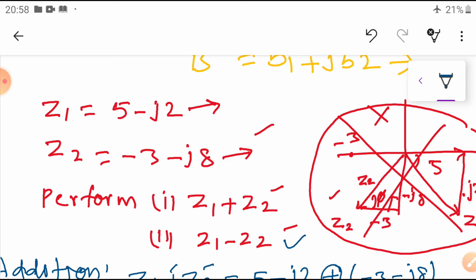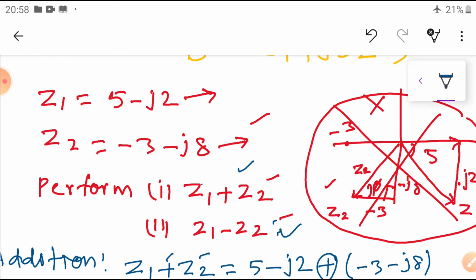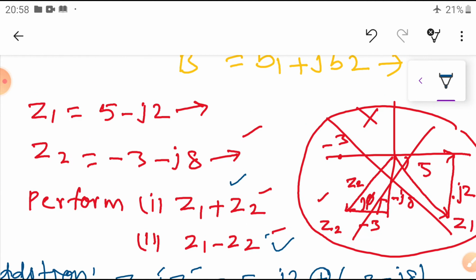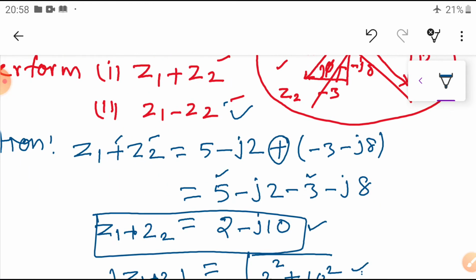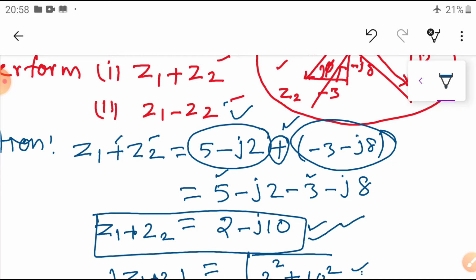Find z1 plus z2 and z1 minus z2. Whatever is given in rectangular form, addition is better. So I substituted z1 and z2 and added. I simply add the real parts on one side, imaginary parts on the other side. This is the result.